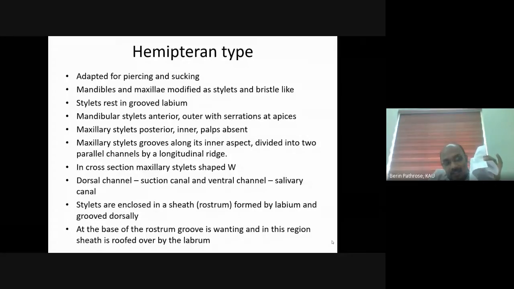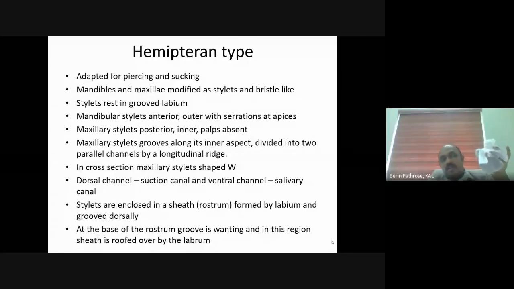That means once the stylet is inserted into the plant tissue, plant sap will be sucked through this dorsal suction canal, and saliva will be injected into the plant tissue, in order to slightly digest the plant tissue, through the ventral salivary canal. Are you clear regarding the internal structure of a maxillary stylet?